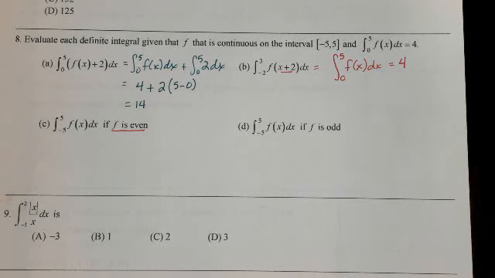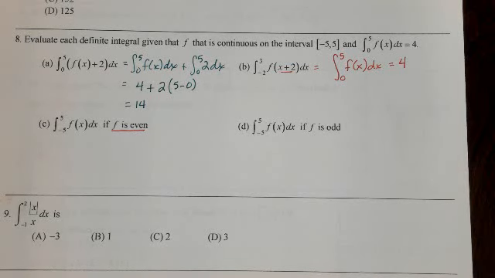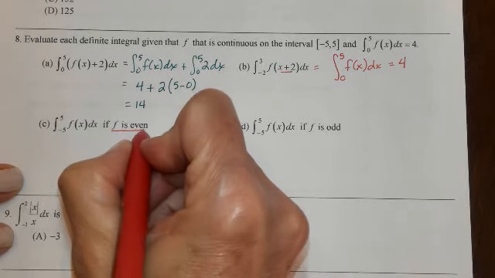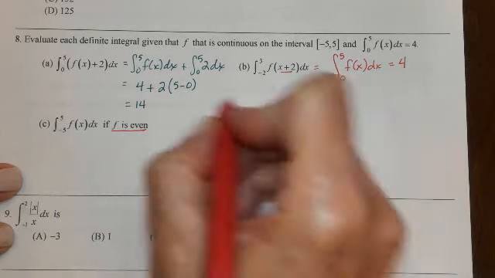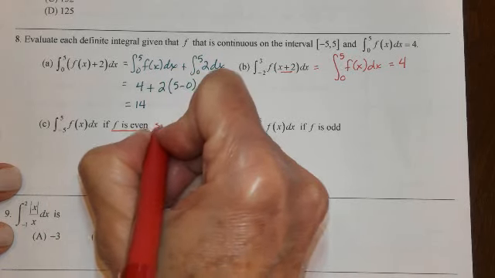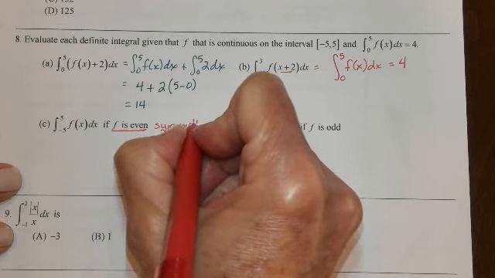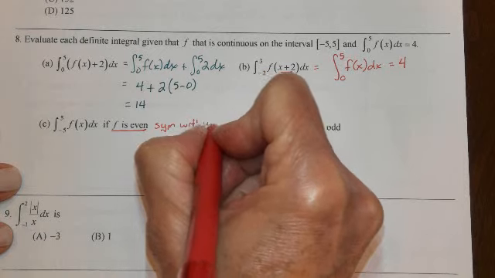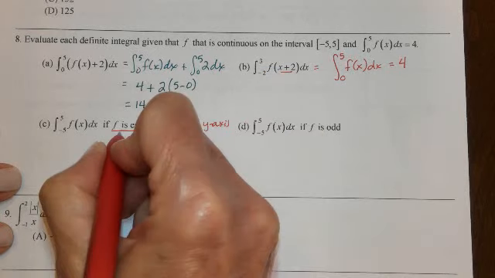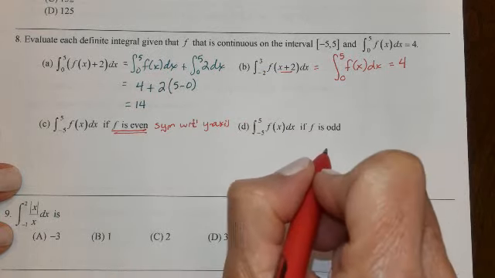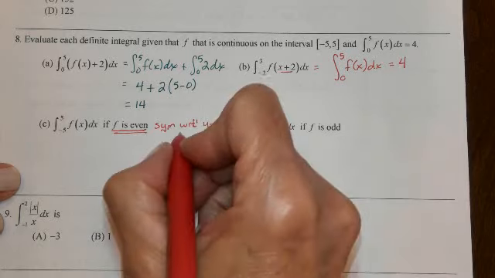I don't know if you did that in geometry or not, but definitely Algebra 2 and Pre-Cal. You discussed even functions. An even function has symmetry with respect to the y-axis. That's what even means. Symmetry with respect to the y-axis.